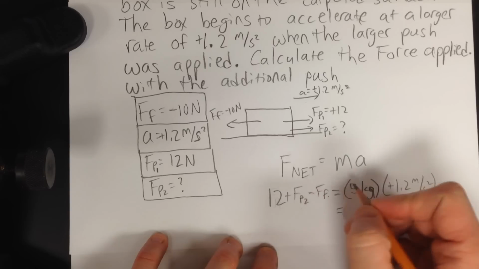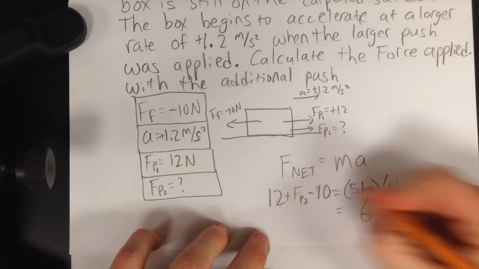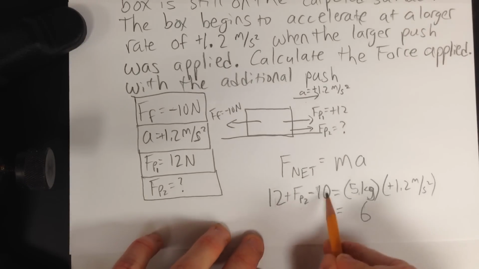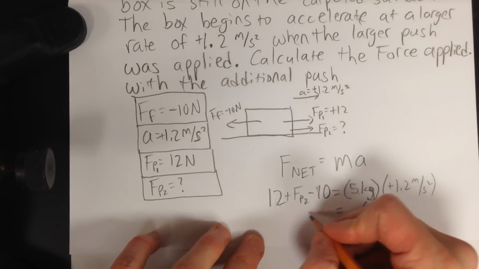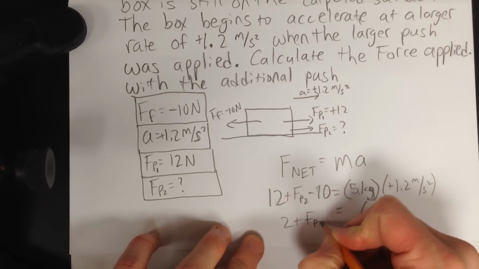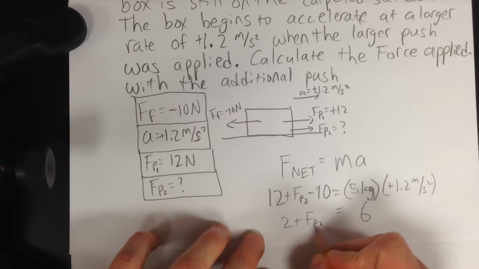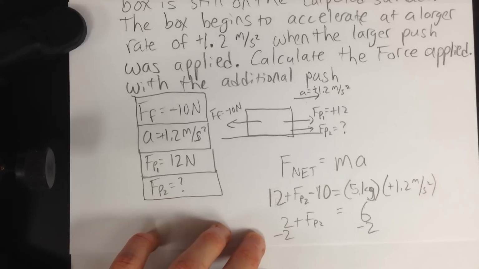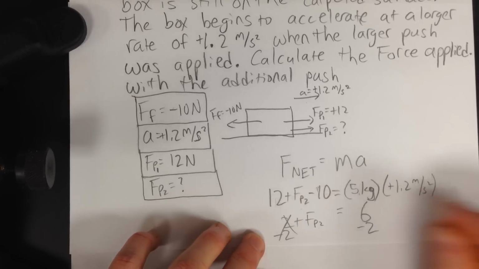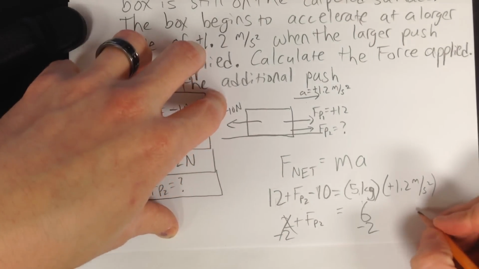6 equals 12. Oh, we could also plug in friction, right? We're on the same surface, so friction was negative 10. 12 minus 10 is 2, and a positive FP2. Before we finally get FP2, all we have to do is subtract 2 from both sides. 6 minus 2 is 4.